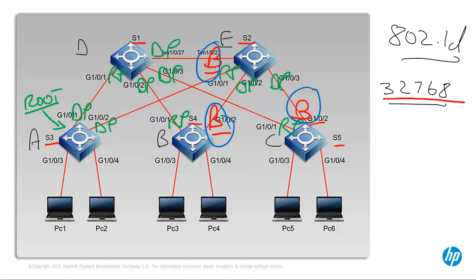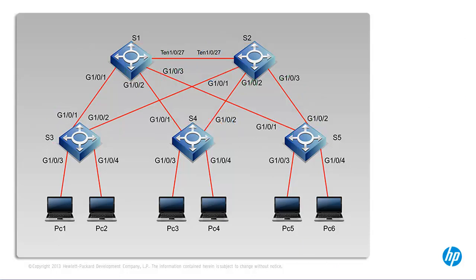So first step, lower the priorities of your root switches. So the first step is to determine which switch is going to be the root. In this case, switch 1 will be configured as the root, and we'll lower the switch priority to 4096. Default priority once again is 32768, so we've lowered this to 4096.